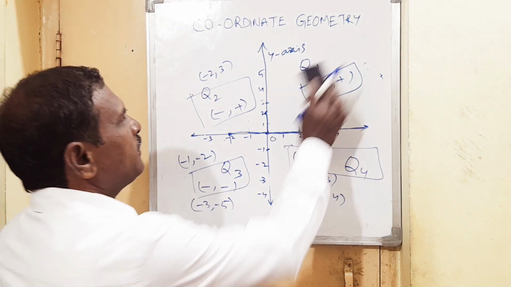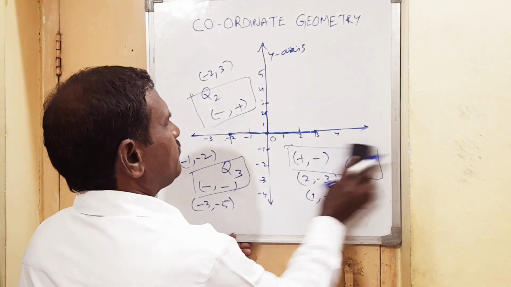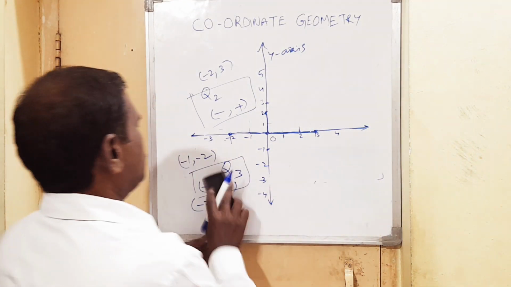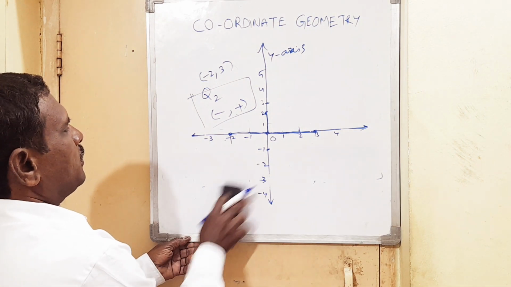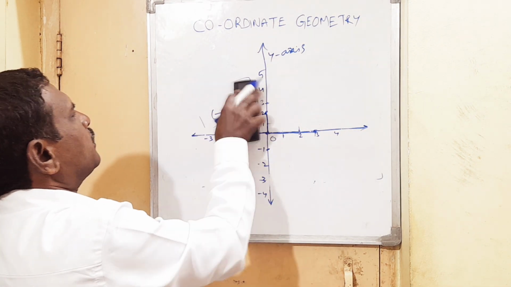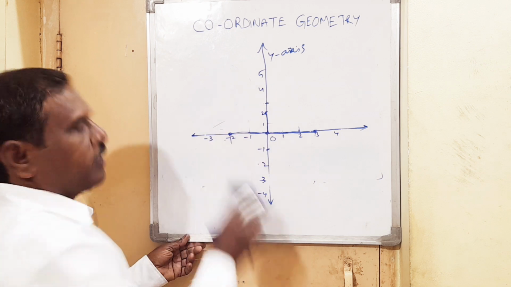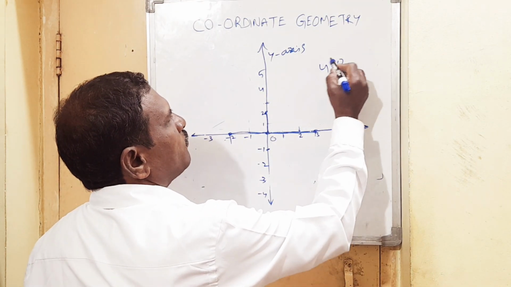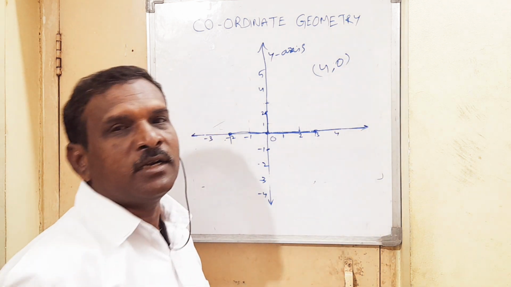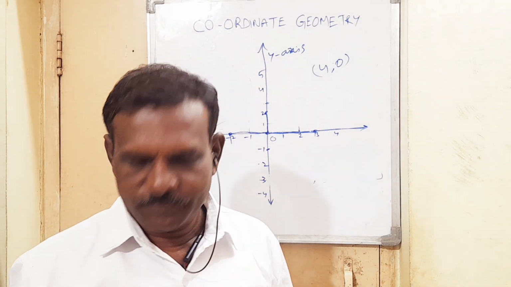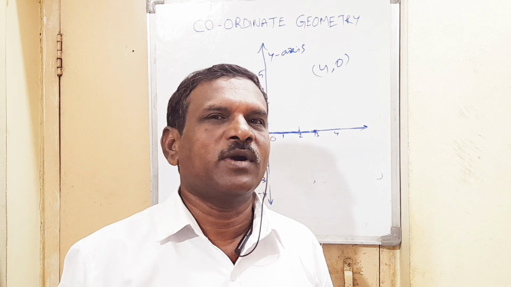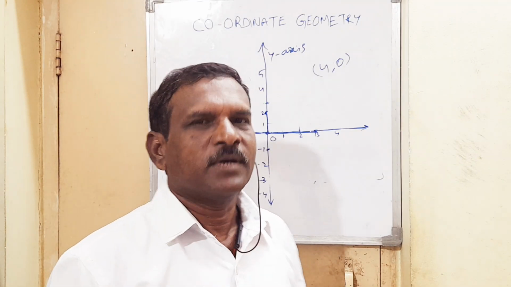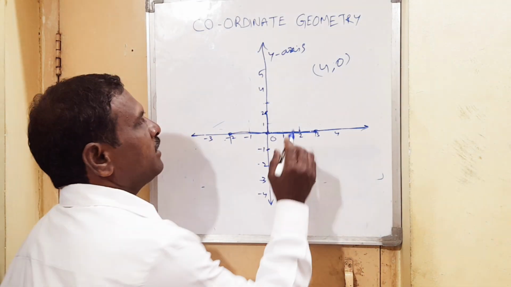Now I have a question. 4 comma 0 is a point that lies in which quadrant? Okay, first let us plot where it is lying.